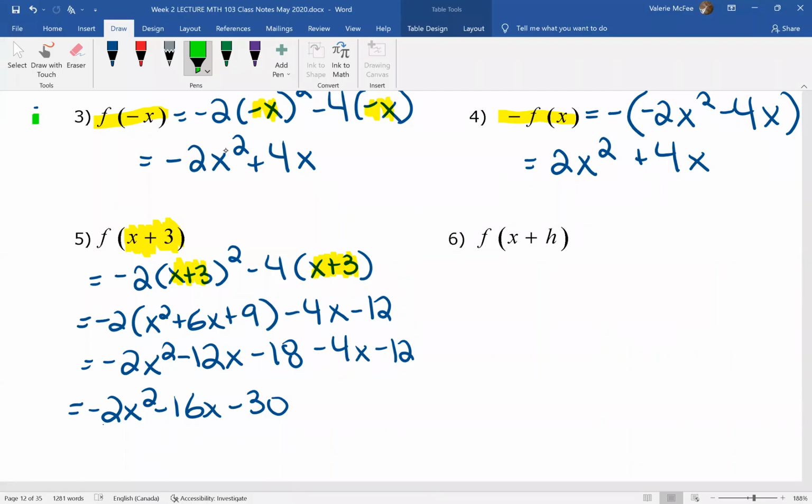I think the mistake I see most commonly here is that people don't square the binomial correctly. Remember, this is x plus 3 by x plus 3. Or they forget to use the distributive property and multiply that negative 4 by both terms inside the bracket. Why don't you try simplifying question 6, the f of x plus h?